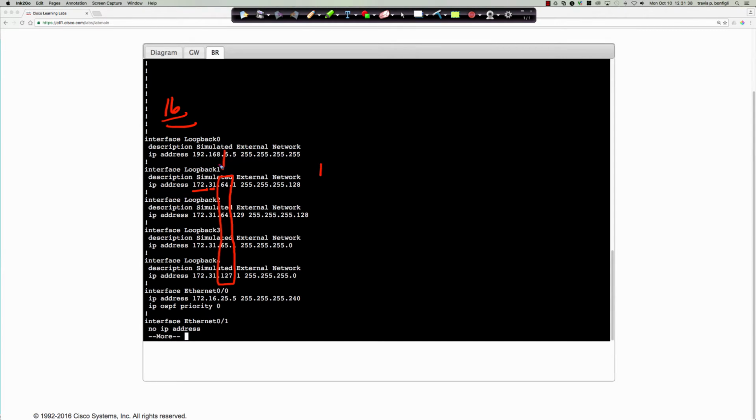Then we hit the third octet where we run into an issue, right? We've got 64 in decimal, 64, 65, and 127. So we need to sort this out here in the third octet.